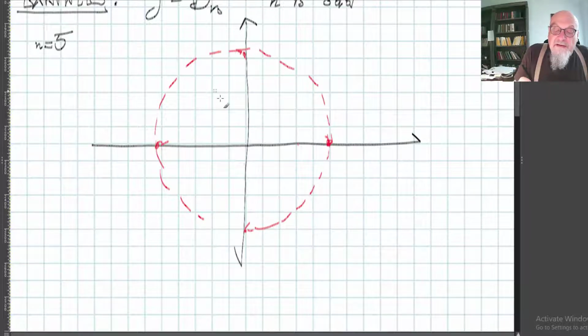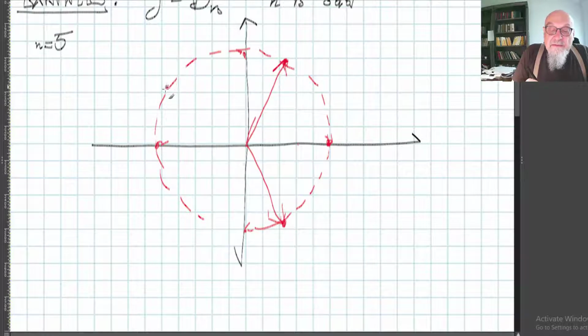And then we have here it's pointing at that point. So make an arrow. Then we have this one and that one. No, maybe a little more. No, maybe a little less.